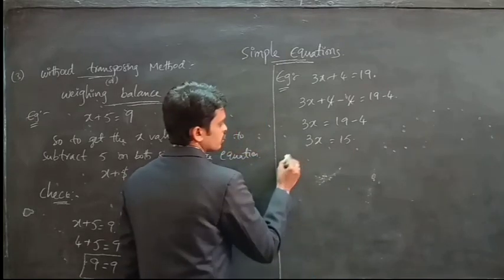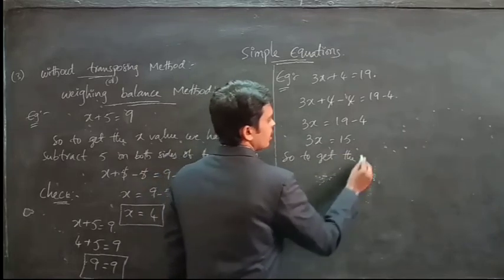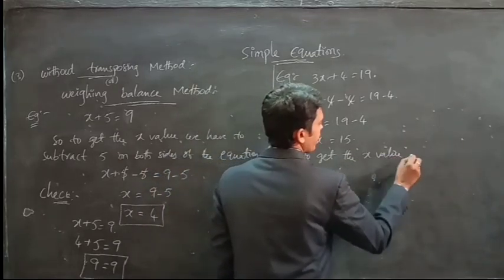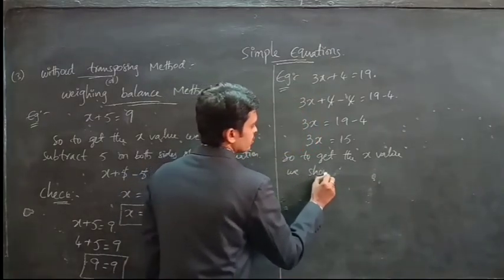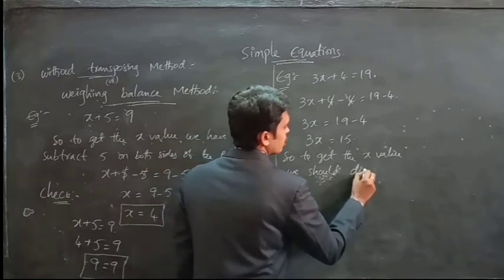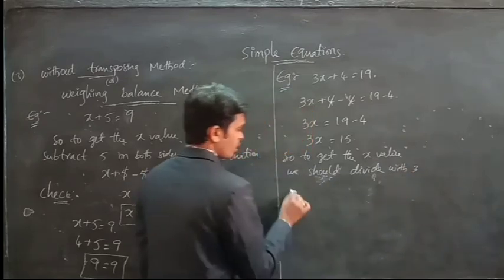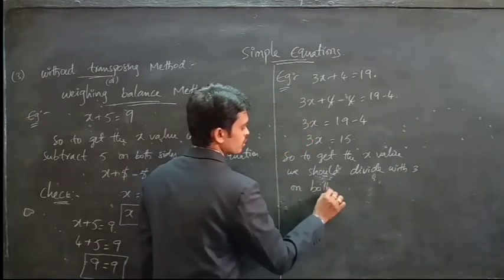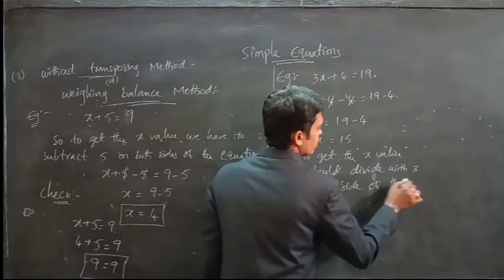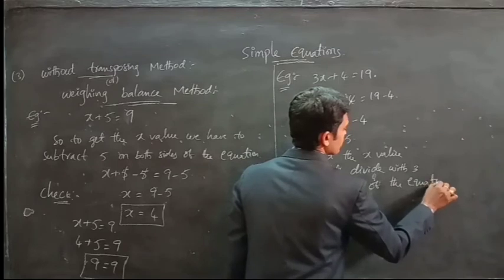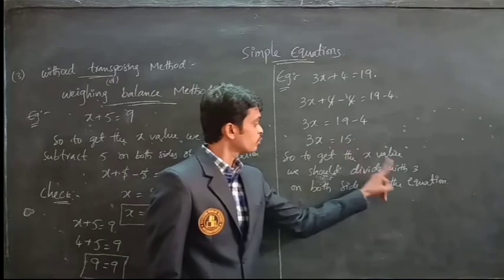So here, to get the x value, we should divide with 3 on both sides of the equation.